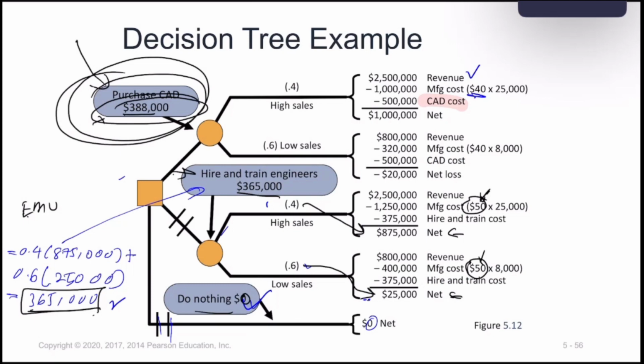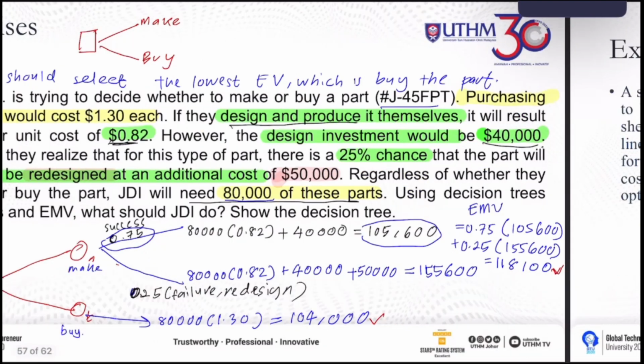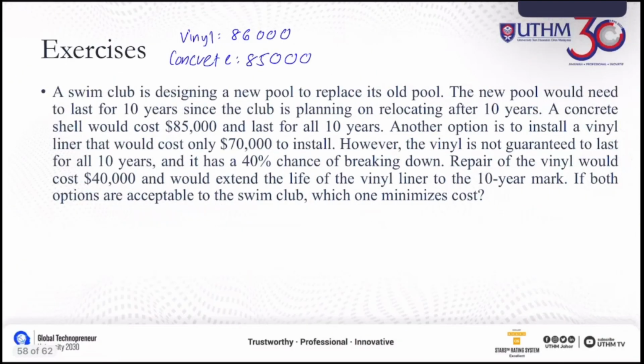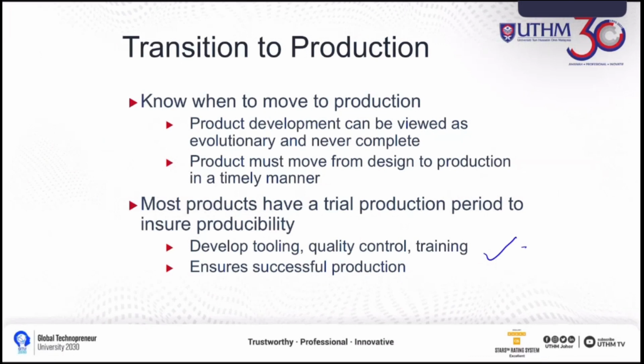This example is where the question gives you the sale price and also the cost price. In some questions, they only give the cost, so you need to make sure whether this is the cost or the profit. I believe that in the tutorial class, Puan Anissa gave you a lot of exercises for this, so I leave it to you to do that.